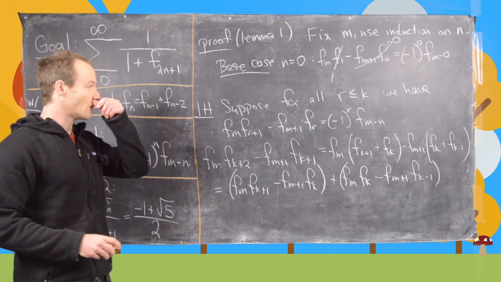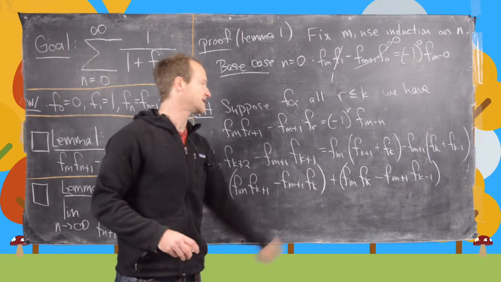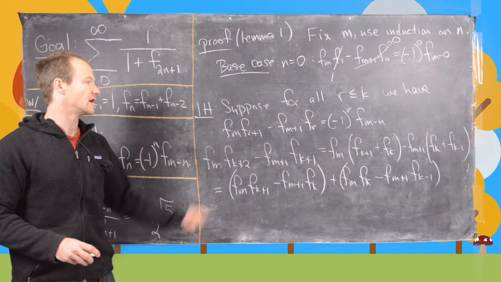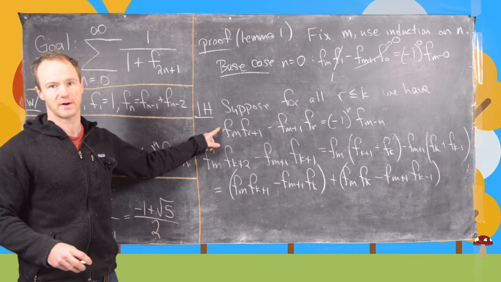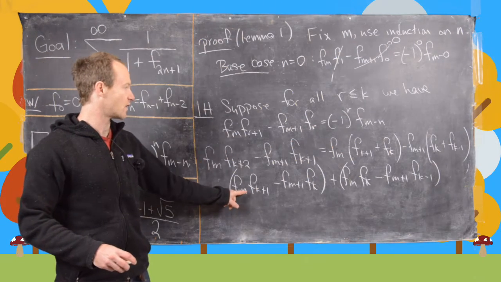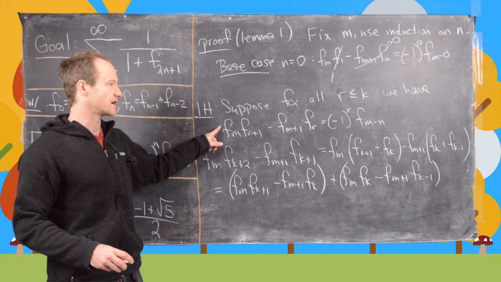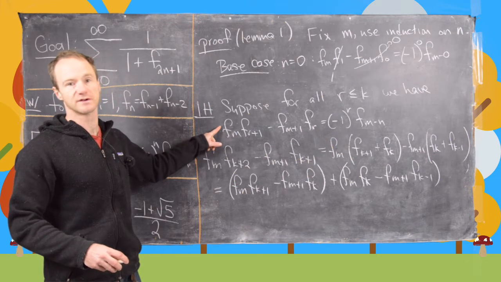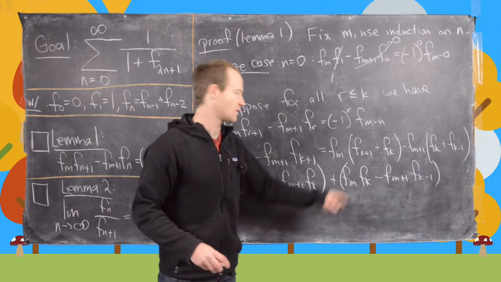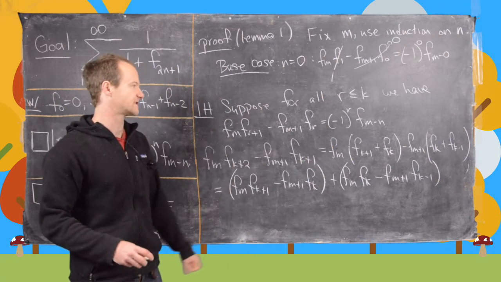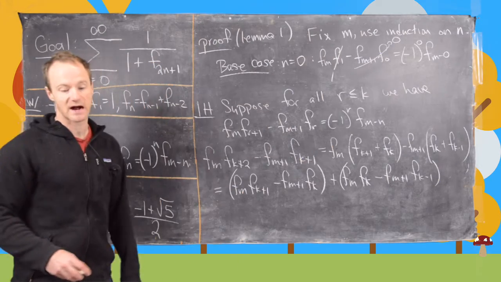Now both of these things in parentheses are covered by our strong induction hypothesis. Notice this first one is our strong induction hypothesis with r equals k, and the second one is our strong induction hypothesis with r equals k minus 1.